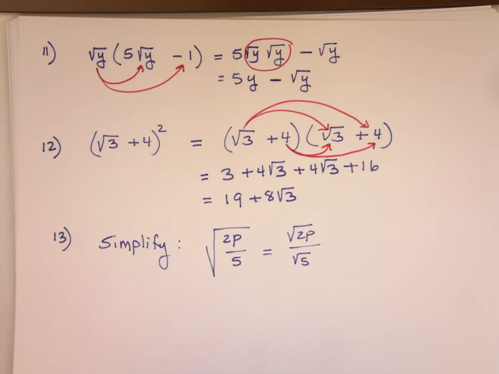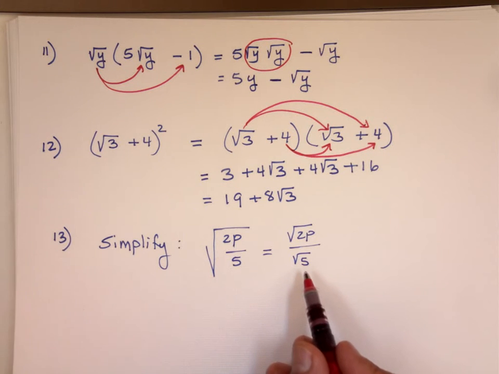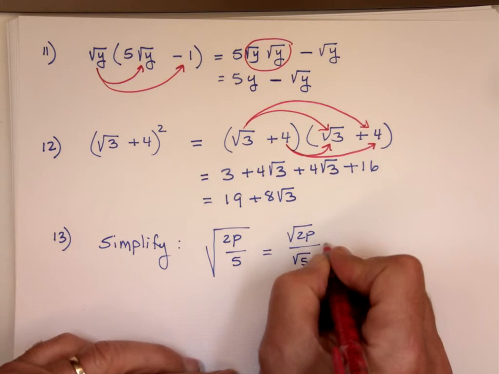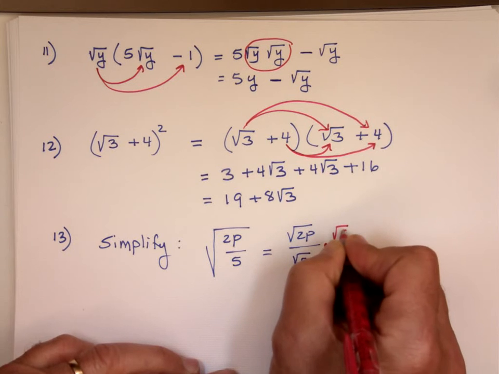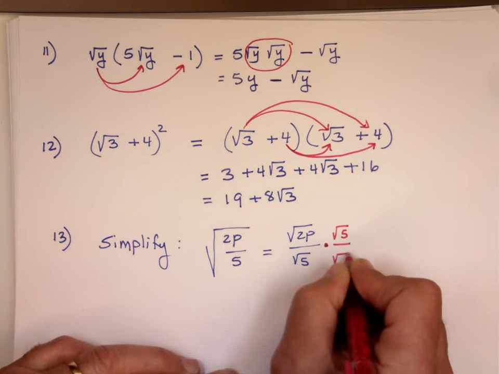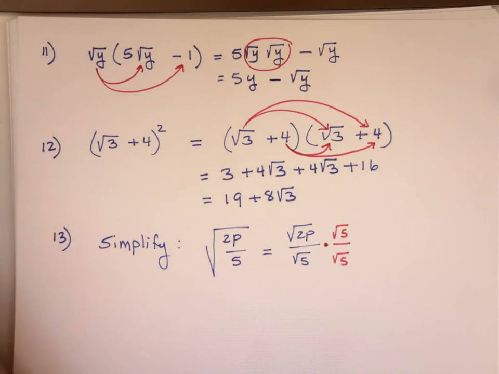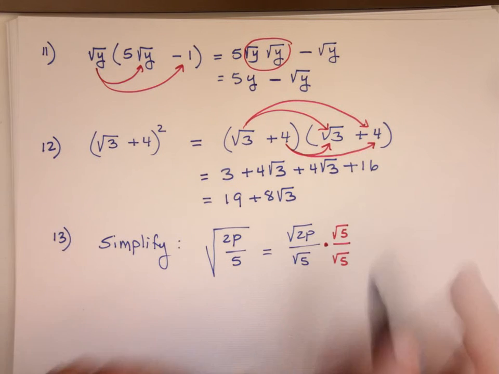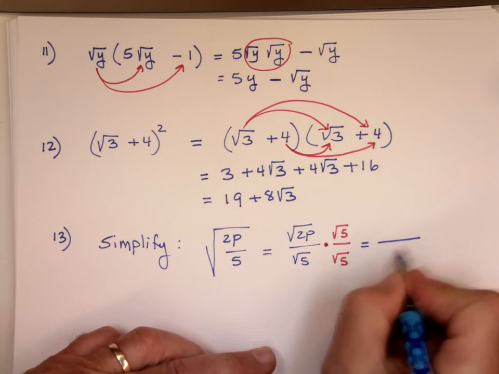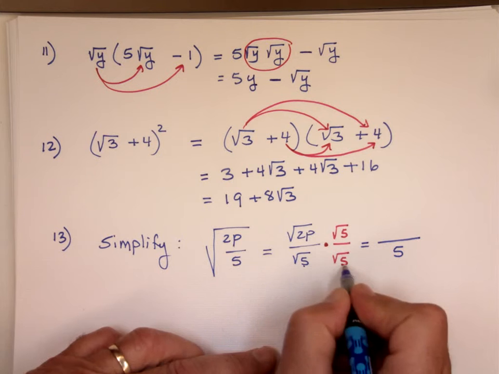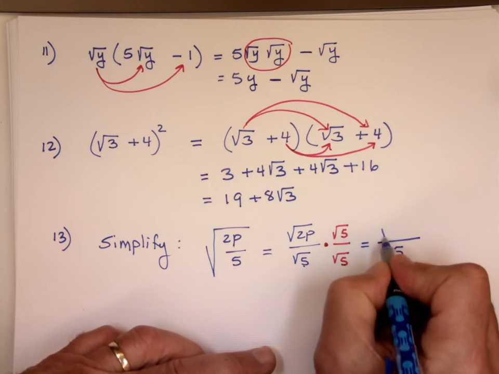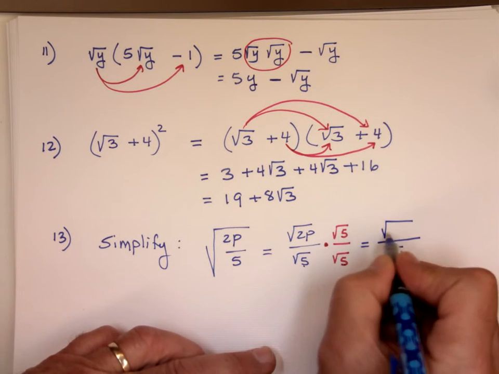But remember, most books don't want to see a square root in the bottom. You have to rationalize that. To rationalize it, you're going to multiply the top and the bottom by the square root of 5. And if you do that, in the bottom you'll end up with just 5, because you're multiplying a square root times itself. And this will be, what is 2 times 5? 10p.